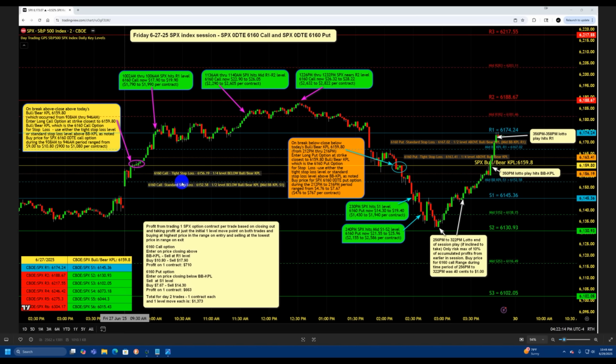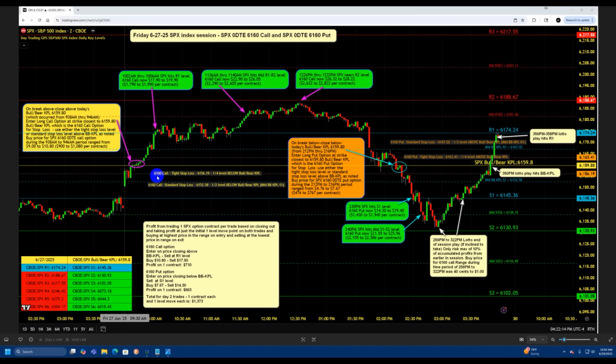If you're more inclined to use a tighter stop loss, then you would use a quarter level below the bull bear KPL, which is 61.5619. This indicator does not automatically show that level. However, it's very easy to get the tight stop loss by simply adding this number here along with the bull bear KPL, totaling it, dividing it by 2, and that's 61.5619.